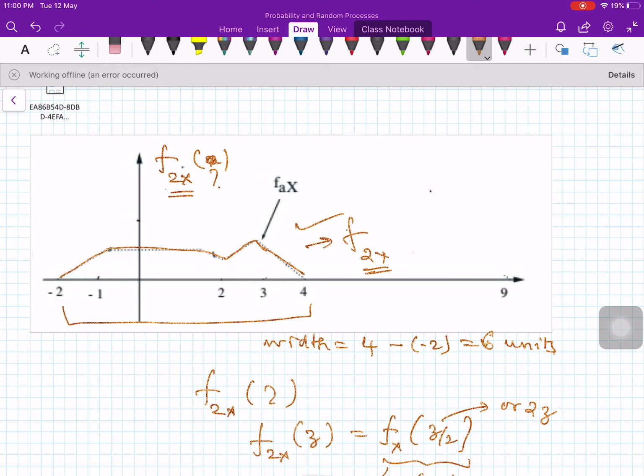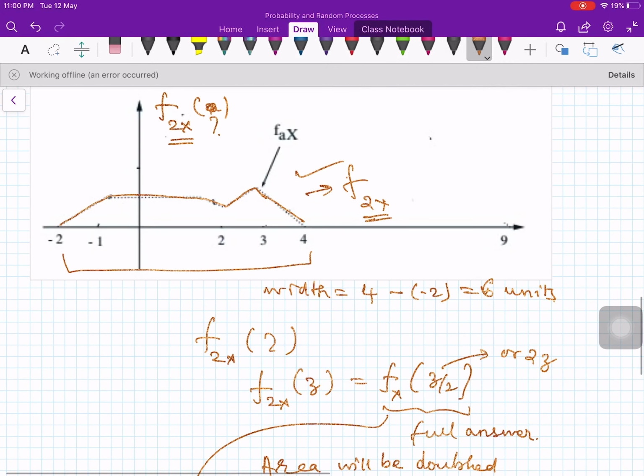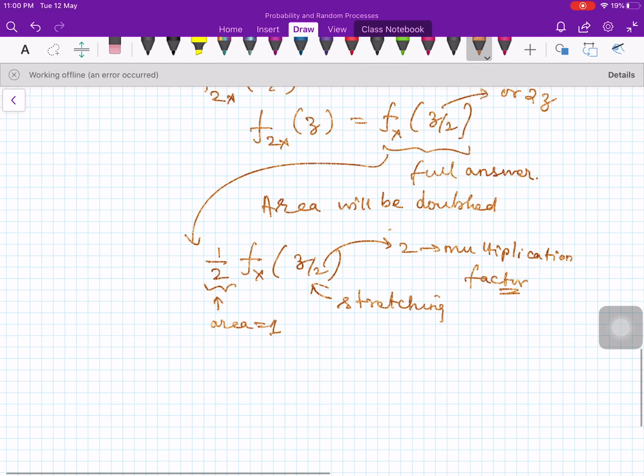Now, what is adding 5 to the random variable? Suppose you add 5 to this random variable, so 2x plus 5. Whenever you add a constant, the density function will be shifted to the right or to the left based on the scalar value. You are getting essentially the same values with the same probability, except that those values all get shifted by 5 units.